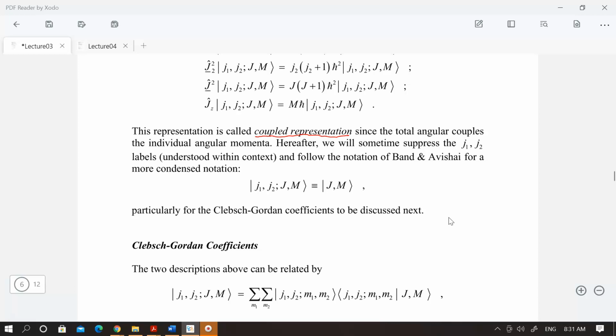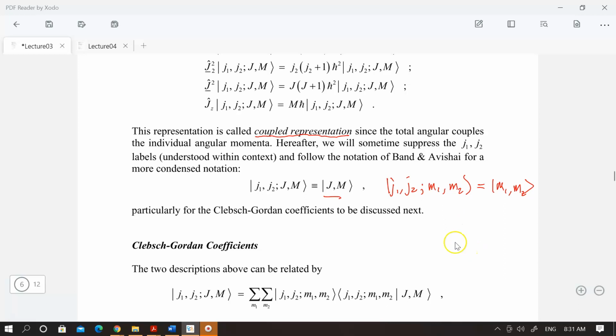Then one can remove the label J1, J2 and simply say J, M. For the other case, it is essentially M1, M2, and I can just write it as M1, M2, assuming that J1, J2 are fixed.